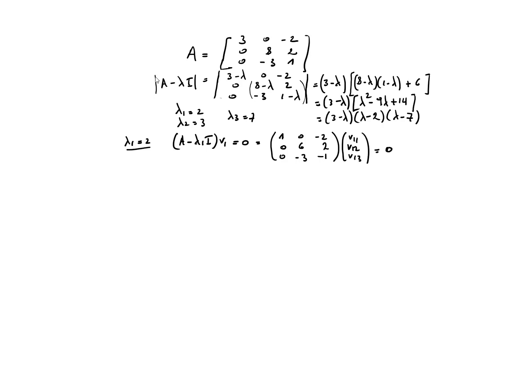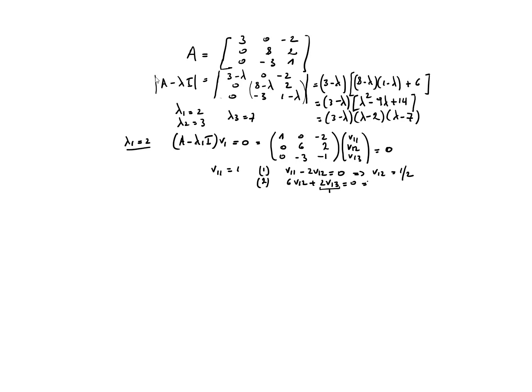We can, for instance, impose v11 to be 1, so the first equation gives v11 minus 2 v13 equal to 0. The second equation, 6 times v12 plus 2 times v13 equal to 0.